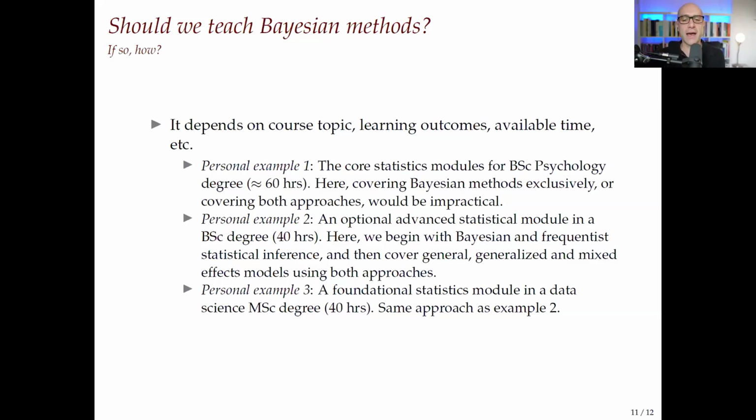In my department, we switched from SPSS a few years ago to using R, and that was a big political conflict, and nothing to do with Bayesian versus frequentist, but it was just a big change. So how do you manage it?